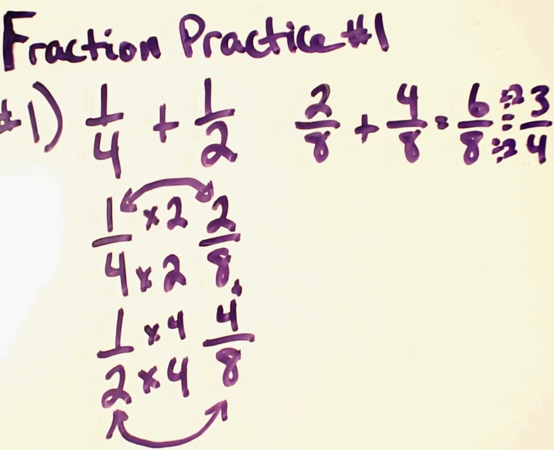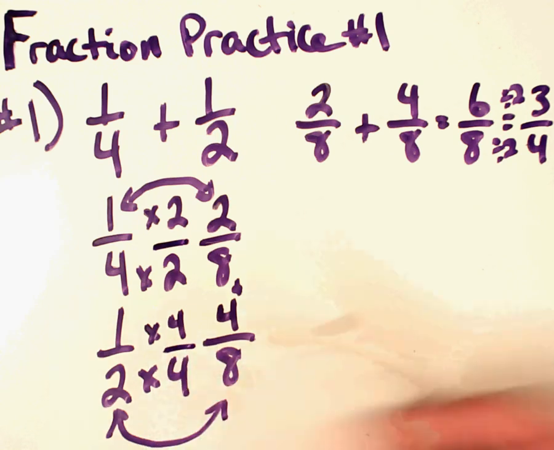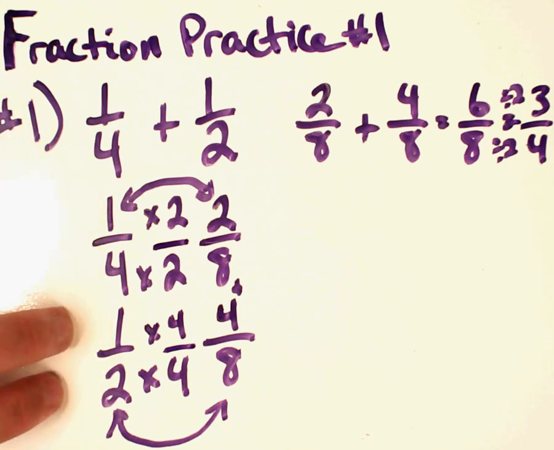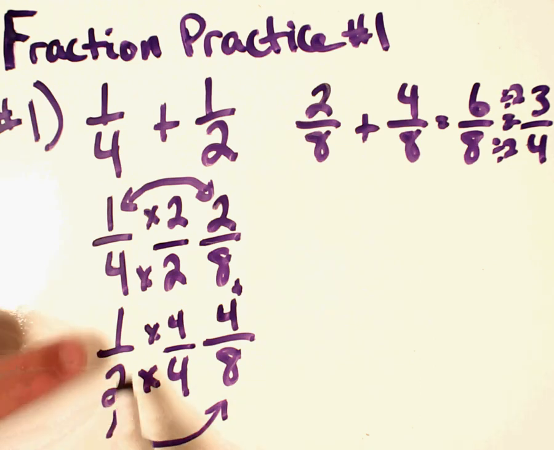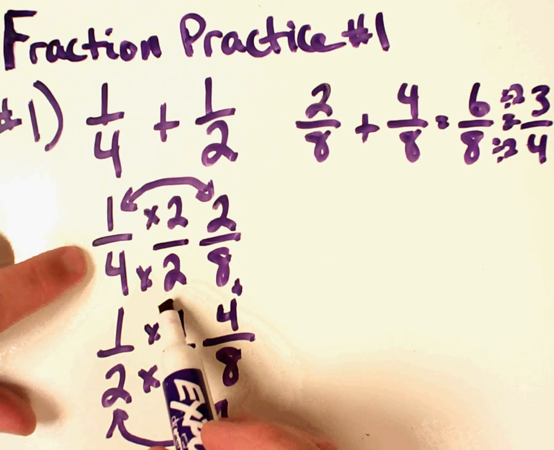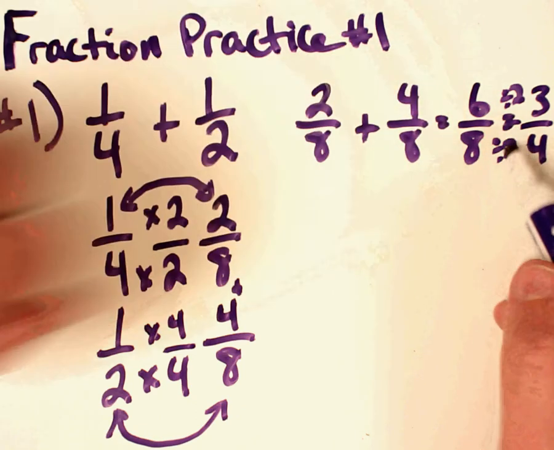Okay. Now, let's talk about changing these fractions to equivalents. Right here I've changed 1/4 to 2/8. Right here I've changed 1/2 to 4/8. And the way I did that was I multiplied both the top and the bottom, the denominator and the numerator, in this case by 4, in this case by 2. In this case I divided both the denominator and the numerator by 2.